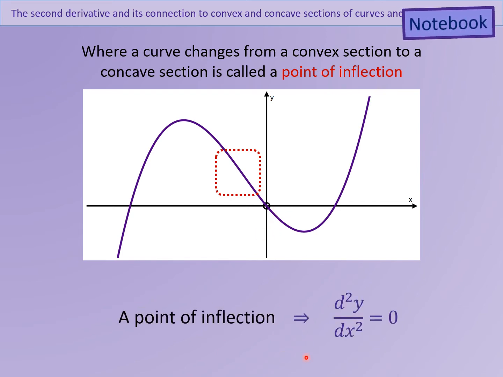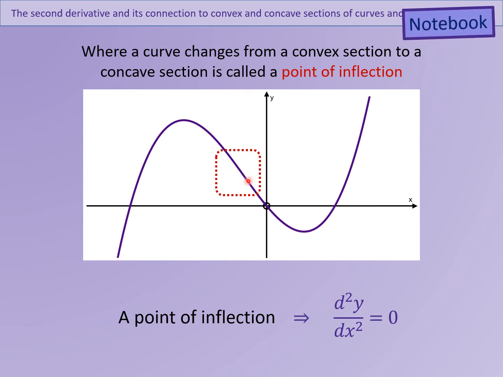Now a point of inflection does imply that the second derivative equals naught. We can know that because on a concave section, we knew that the second derivative was negative. On a convex section, we knew that the second derivative was positive. So between those two, it has to equal naught. When it went from a negative to a positive, it must have equalled naught.